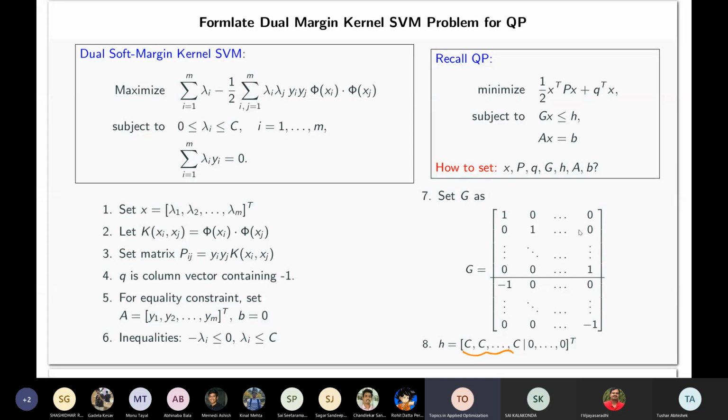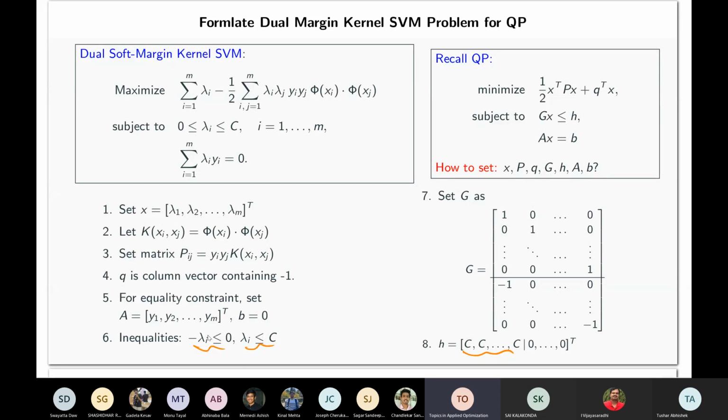Yeah, G has been assembled in the form that it can produce these inequalities, right? So this is the way I chose G, looking at these inequalities. It did not come out of some procedure.